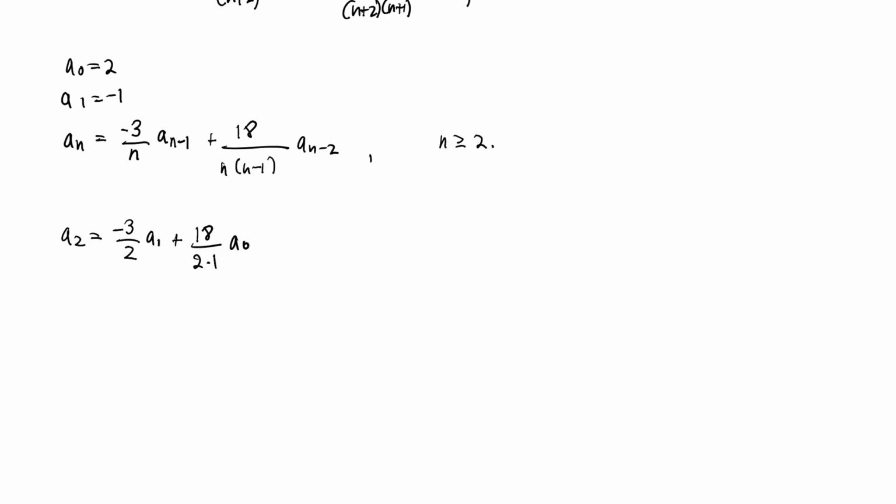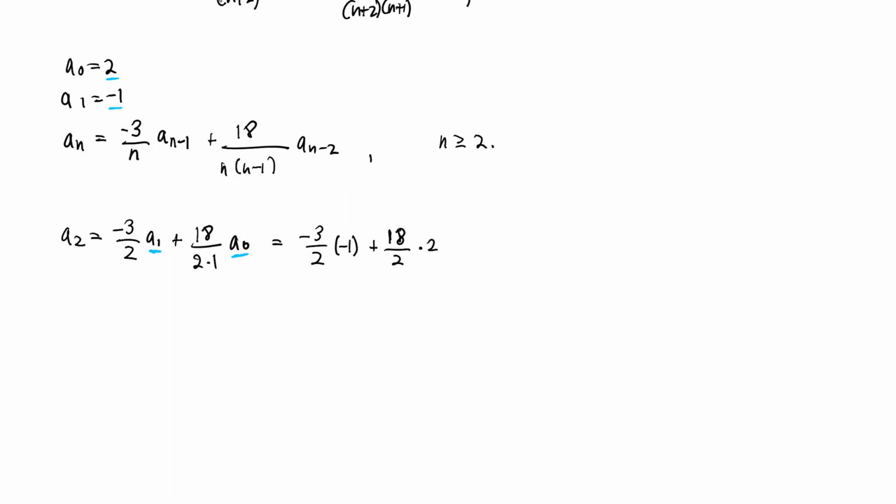And we know a sub 1 and a sub 0. a sub 1 is negative 1. a sub 0 is 2. And we just plug these in. So this is negative 3 over 2 times negative 1 plus 18 over 2 times 2.